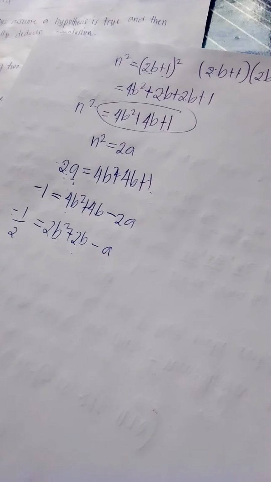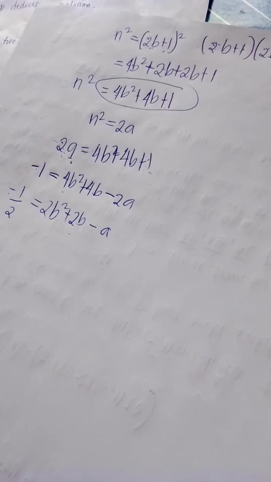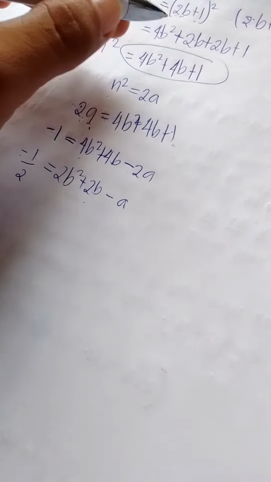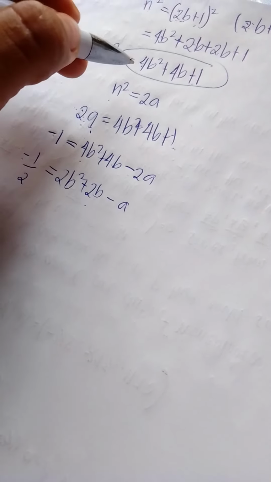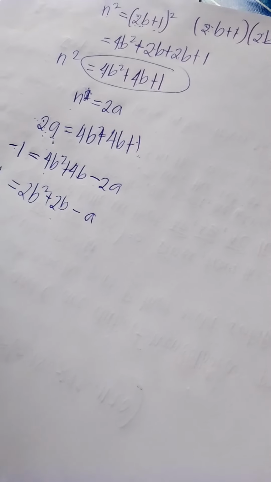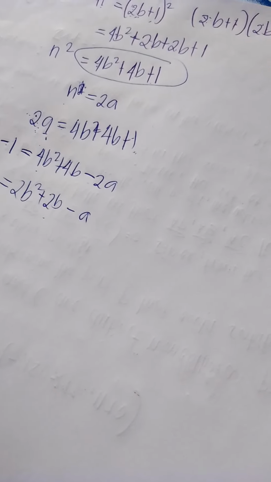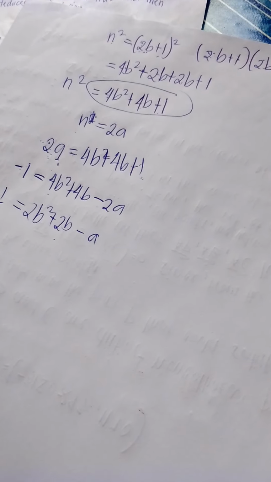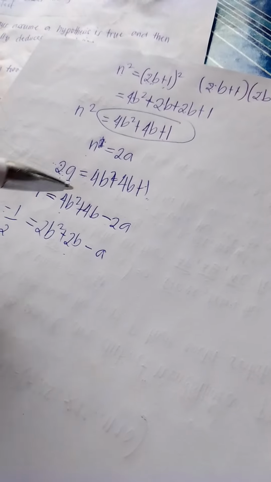which is a contradiction, as a and b are integers. Therefore, for every integer n, if n squared is even, then n is even also.